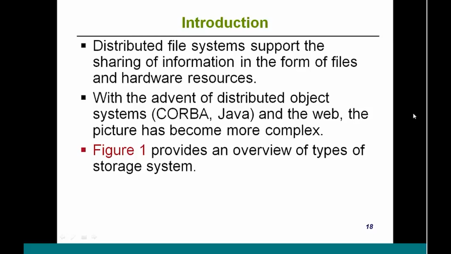Similarly, files can now be distributed, and every file needs to have an address or a unique name, because if you don't have a unique name, you won't be able to access it, or there will be name collisions. So how do you provide that unique name, and how do you manage the whole file system infrastructure?